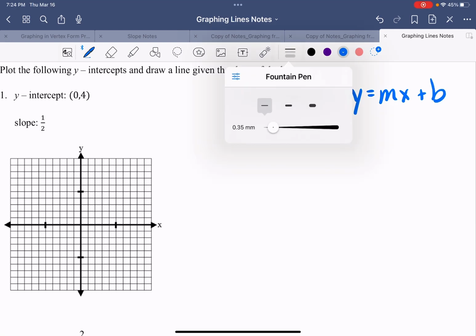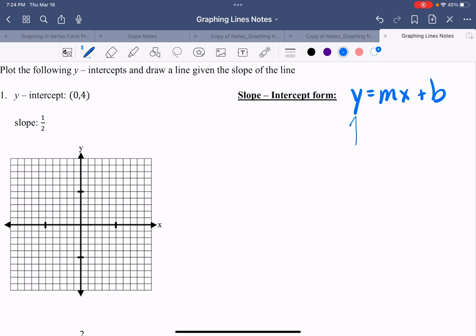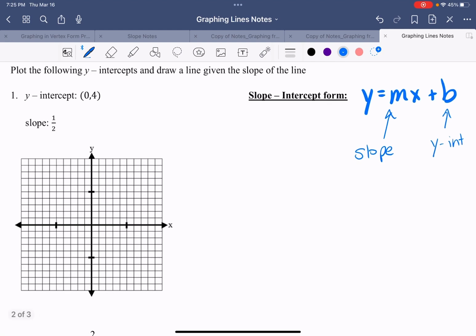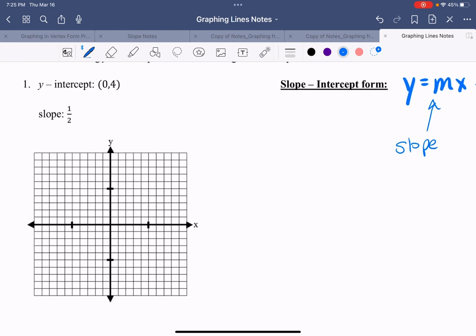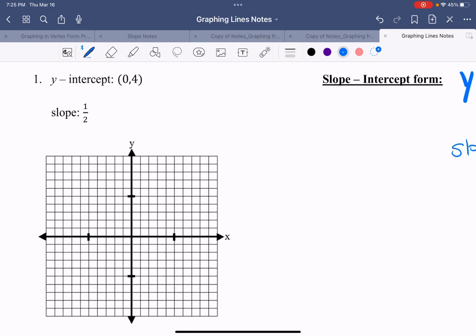Where m is what? It's our slope. And b is our y-intercept, okay?